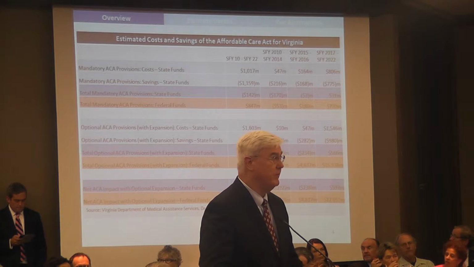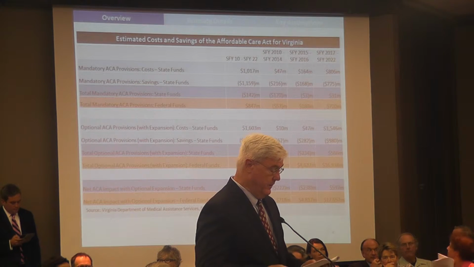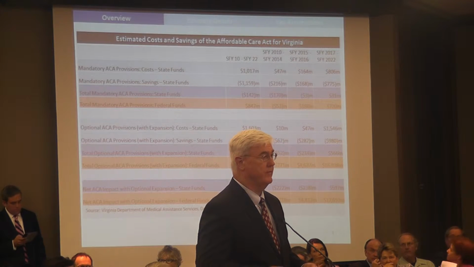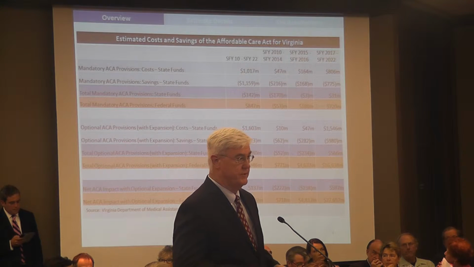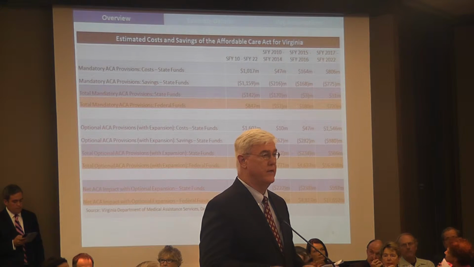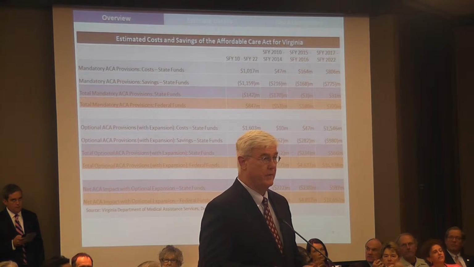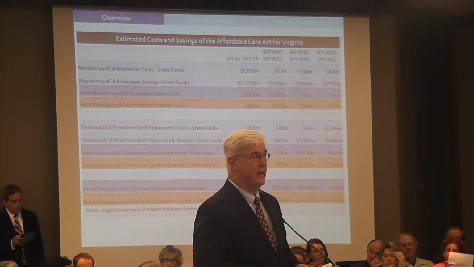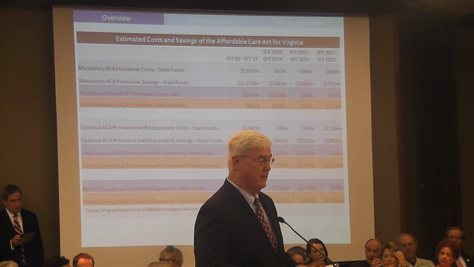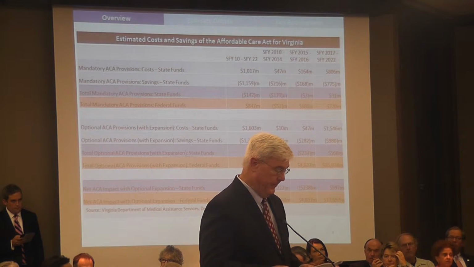So starting at the top, over the entire time period, we estimated that the mandatory provisions of the ACA, these are the provisions that are in effect now, that will be in effect regardless of any decisions. These involve a cost of about $1 billion over the entire 13-year time period that we're looking at.